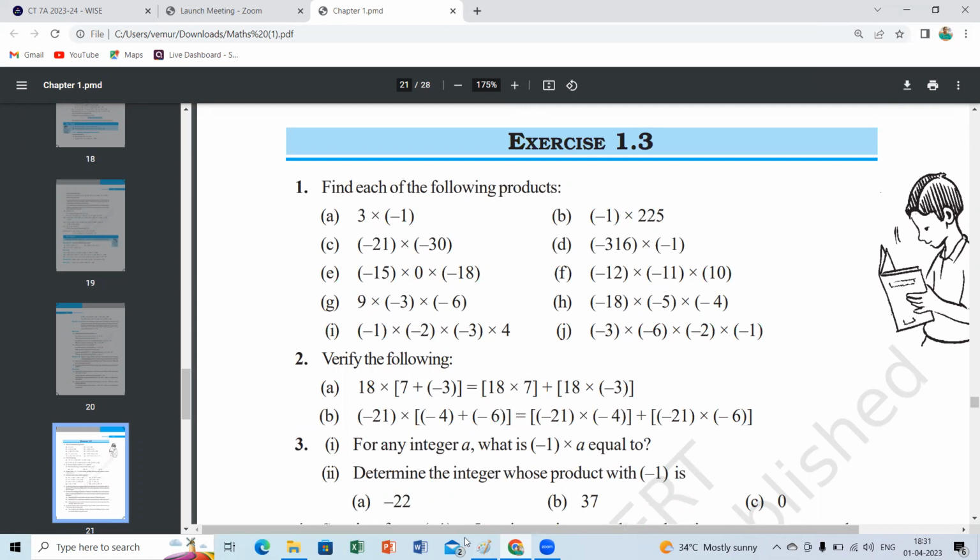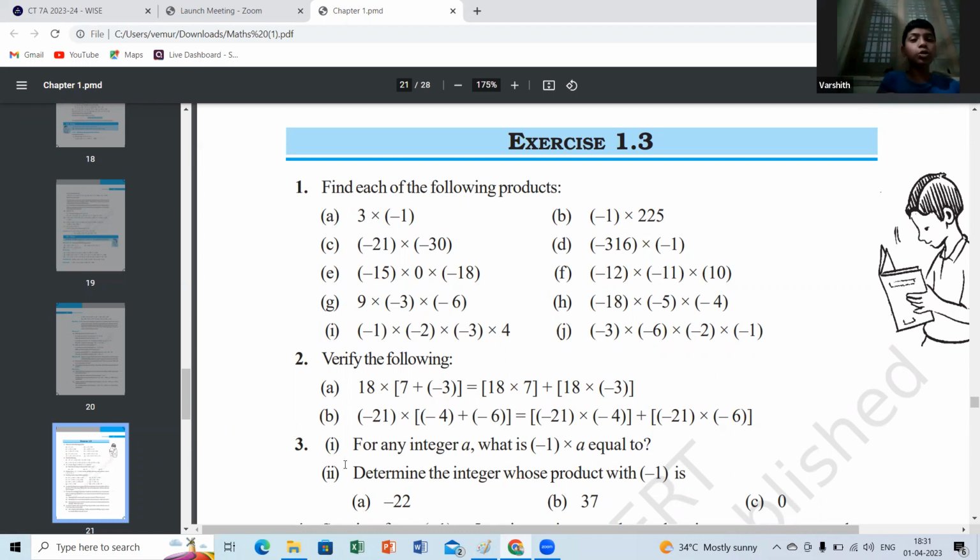Please multiply. Negative 225, ma'am. Is it 235 or 225? It's 225 after multiplying 21 three times. Negative 225, ma'am, or what, Varshit?